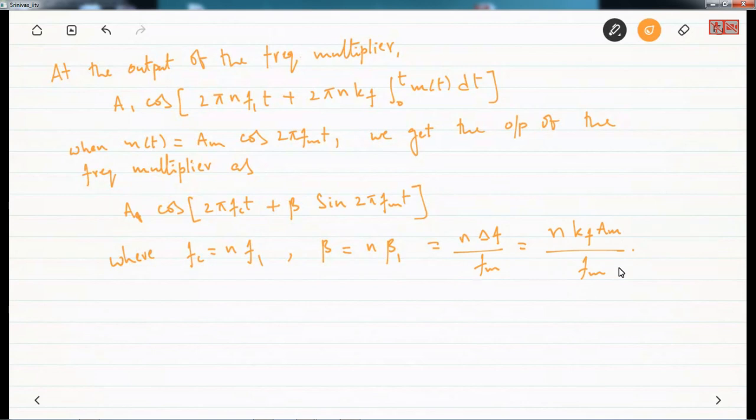Okay. So I simply said a frequency multiplier multiplies the frequency by n. So let's see one example of a frequency multiplier, so this will help you understand what this frequency multiplier is.